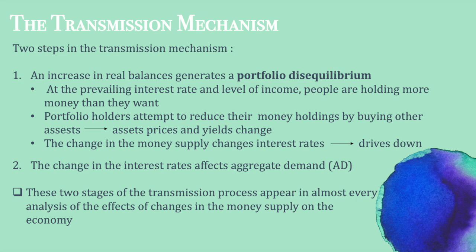That is, at the prevailing interest rate and level of income, people are holding more money than they want. The portfolio holders attempt to reduce their money holdings by buying other assets, and the asset prices and yields will change. The change in money supply changes the interest rates, which drives them down. The change in interest rates affects the aggregate demand.